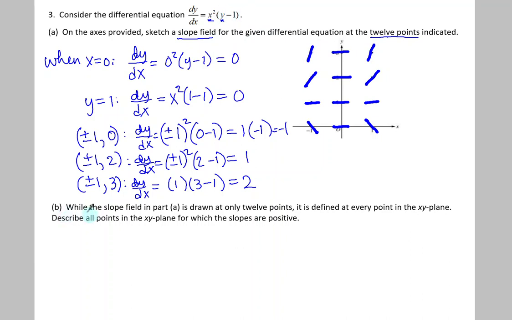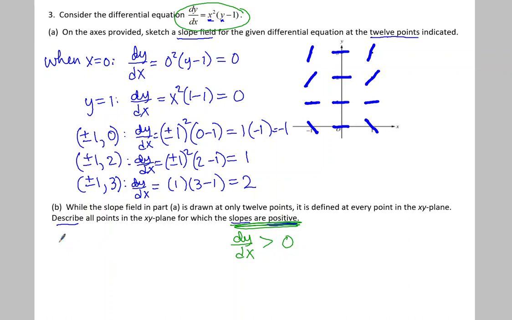Part B. While the slope field in Part A is drawn at only 12 points, it is defined at every point in the xy plane. Describe all points in the xy plane for which the slopes are positive. Well, remember that we're using dy/dx to find our slopes. So when they say we want the slopes to be positive, we want dy/dx to be greater than 0.